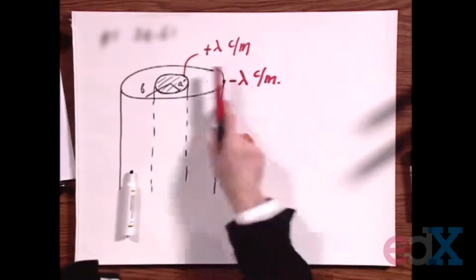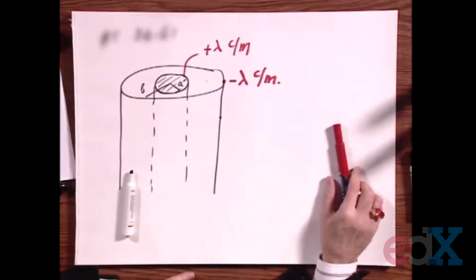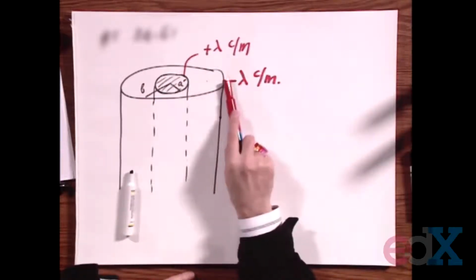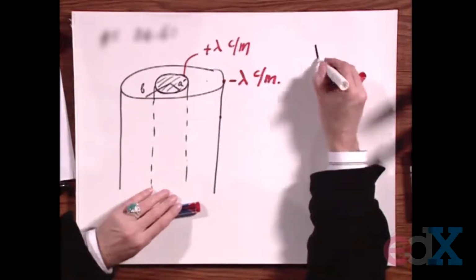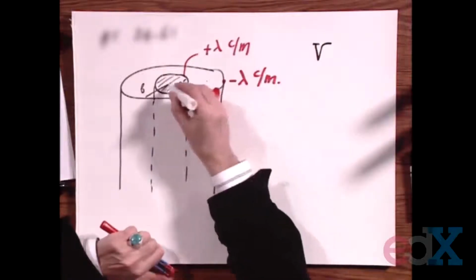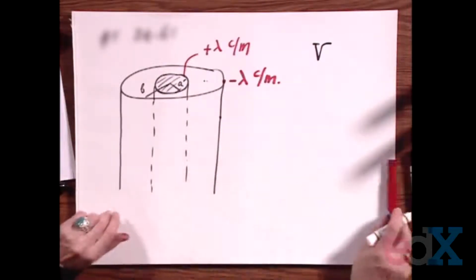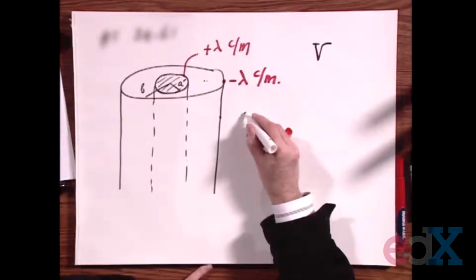So the net charge on the whole thing will be 0, because we have the same amount plus per meter as minus per meter. You're being asked what is the potential anywhere in space, here, here, and there. The trick always is as follows.